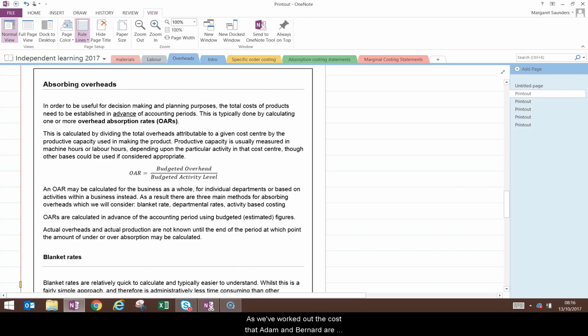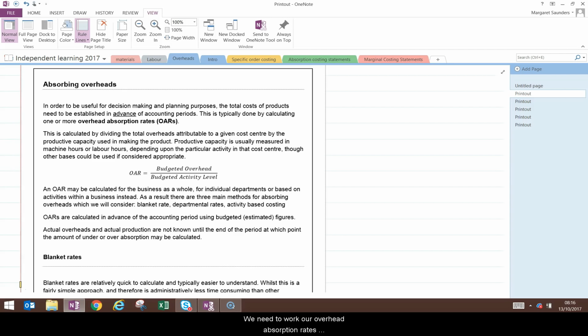As we've worked out the cost that Adam and Bernard are going to charge for a service, £135, Adam and Bernard can now quote their customer. So therefore, we need to know what our absorption rates are before we produce our products or before we quote our customers. And then it is up to the customer whether they accept our quote or not.